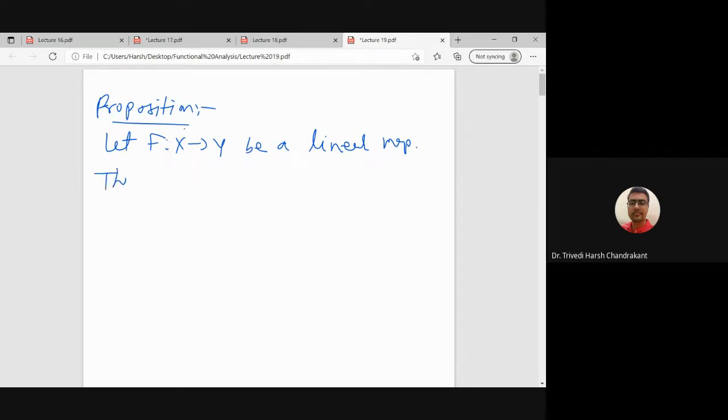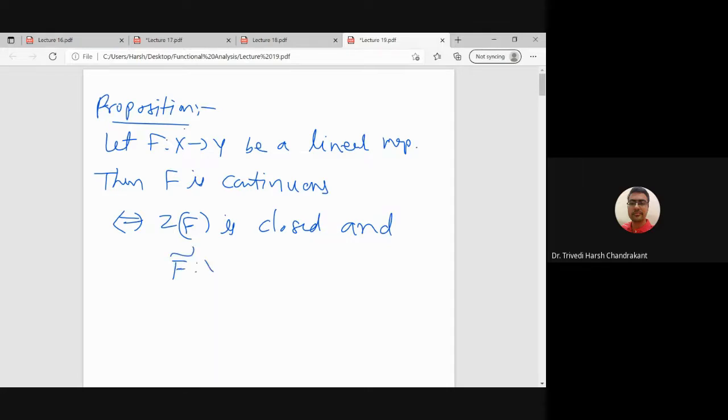Then f is continuous if and only if the kernel is closed, and since the kernel is closed, the function f tilde from X/Z(f) to y defined above is continuous.